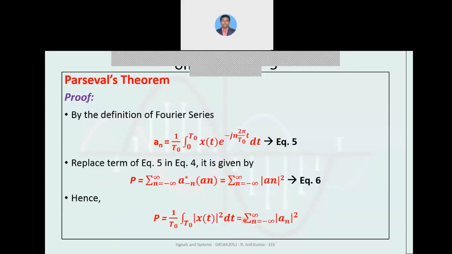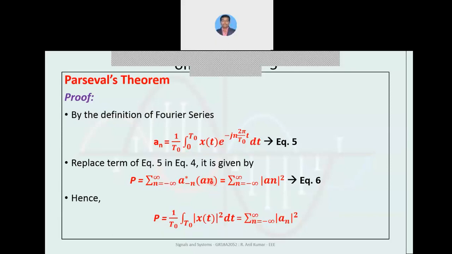Hence, according to the definition of the Fourier series, as you know, the coefficient a n is given by 1 by t naught integral 0 to t naught x of t into e power minus j n 2 pi by t naught into t, where 2 pi by t naught is nothing but omega naught. So replacing this equation 5 in the previous equation, we get a suffix minus n conjugate into a n. Here n must be a suffix, but by mistake it is typed in normal font.